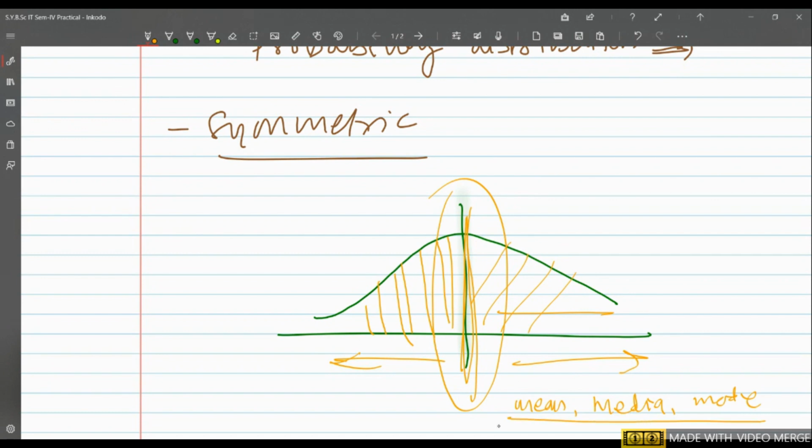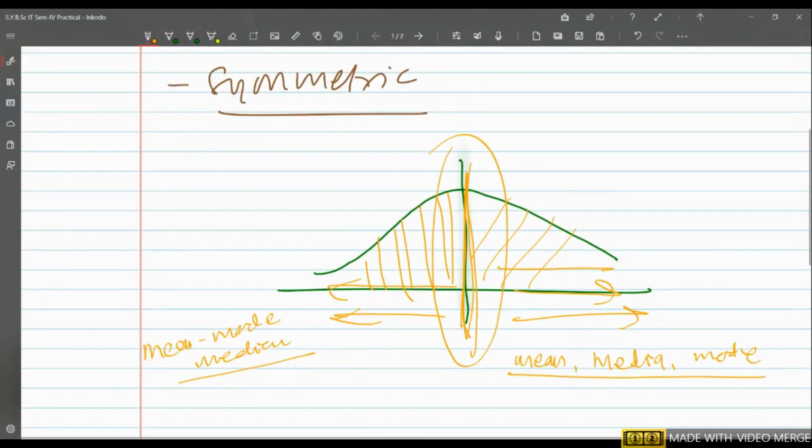So in case of the normal distribution, mean equals mode equals median. Hence all the data along both sides of this line are equally distributed, hence the distribution is symmetric, and this symmetric distribution is called a normal distribution.